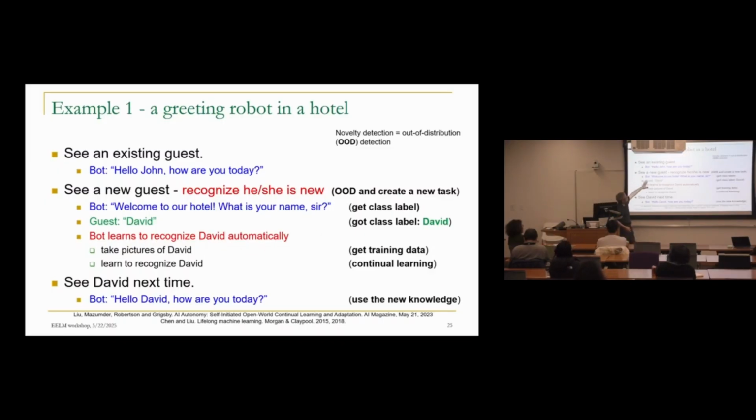For example, this is a greeting robot, let's say roaming around in the hotel lobby and having some small chat with the guests. When it sees this guest, John, and it knows him from before, it says, hello, John, how are you today? And then it can start some chat. But what happens if the guest is new?